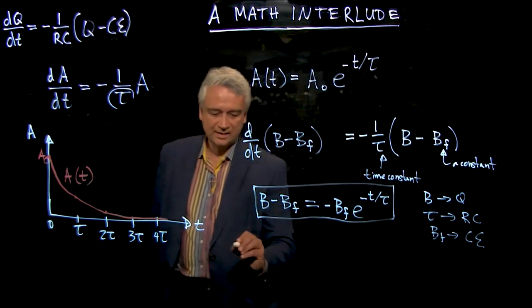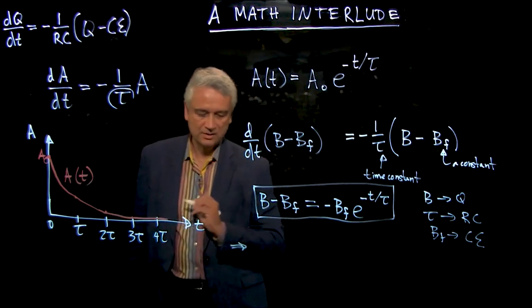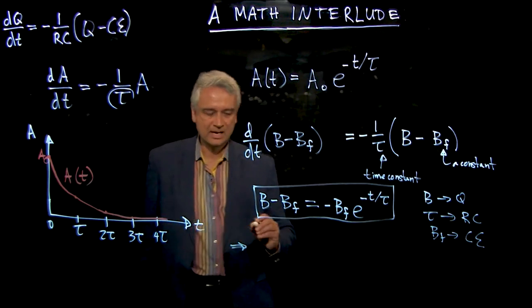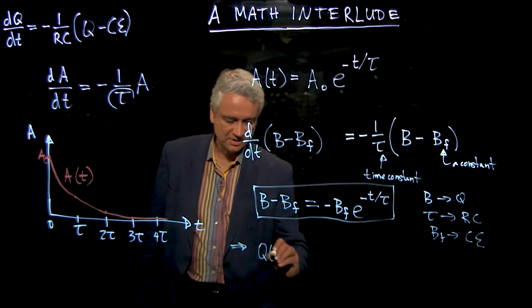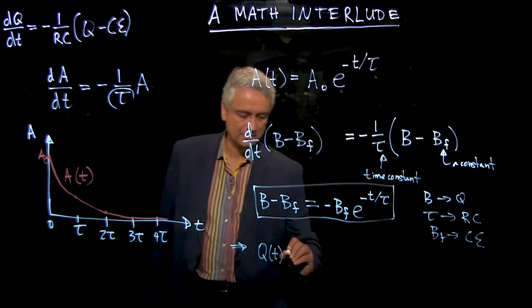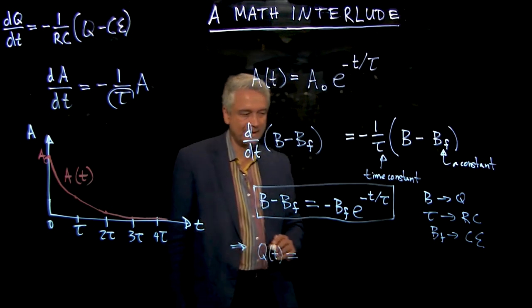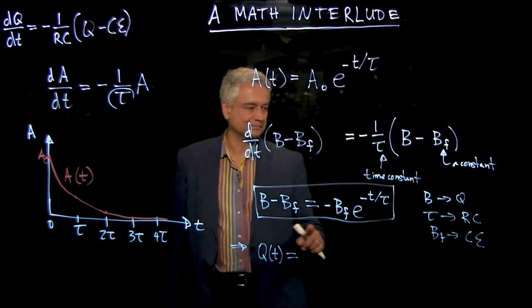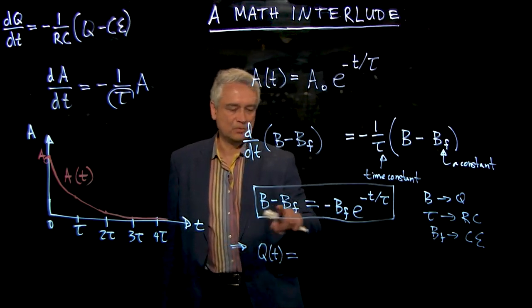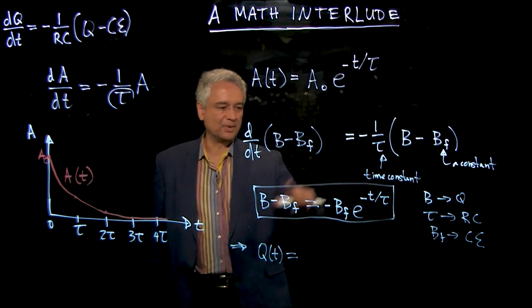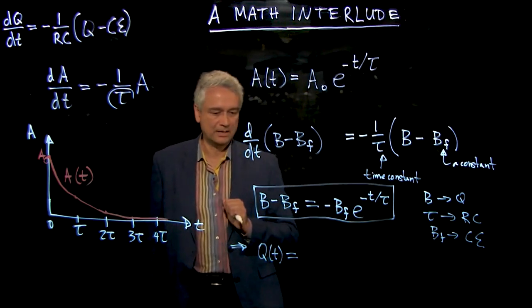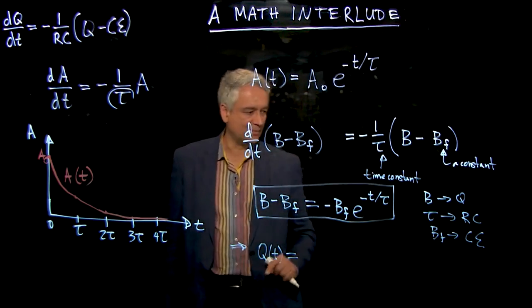And so when I go back to the physics, Q as a function of time is equal to, what do I get? Q as a function of time, that's the B. I'm going to bring this Bf over here. What's Bf?